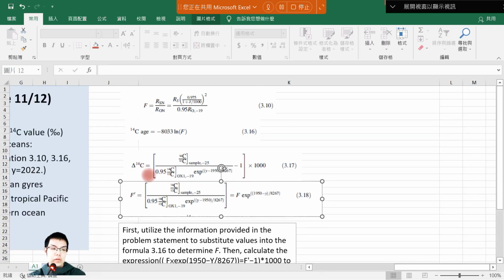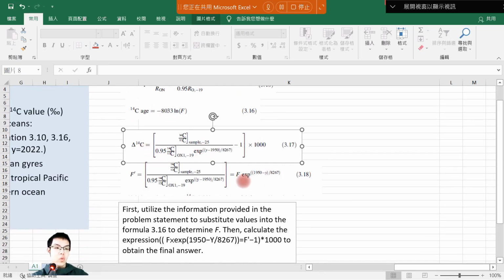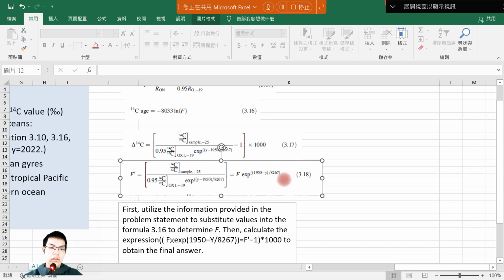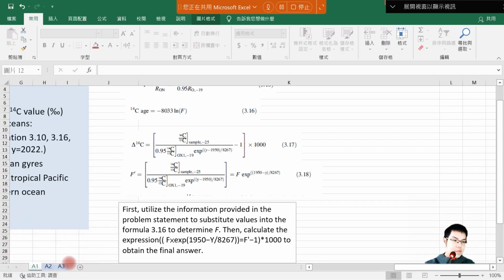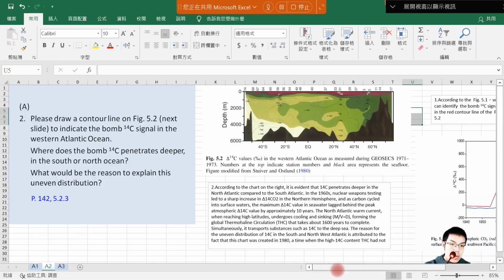The big delta 14C value equals F prime, and this equation can also equal F times the expression. That means you calculate from equation 3.18 to F prime, and then from F prime you use 3.17 to big delta C14. Good. I need to check the number, but the logic behind the calculation is correct.